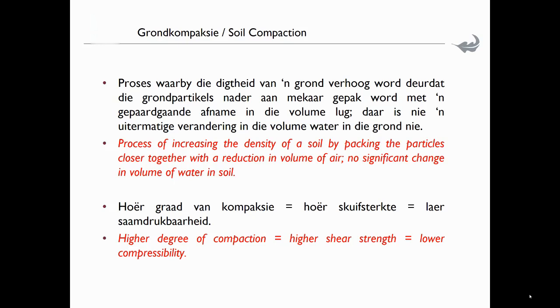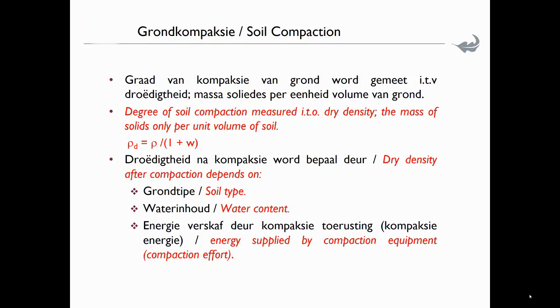The higher degree of compaction you get, the higher the shear strength of the soil and the lower the compressibility. This is of course important. If you construct on a high shear strength soil, there's less chance that the soil will shear or break, and therefore there's the lower compressibility, so there's less chance of the building settling and creating cracks, etc.